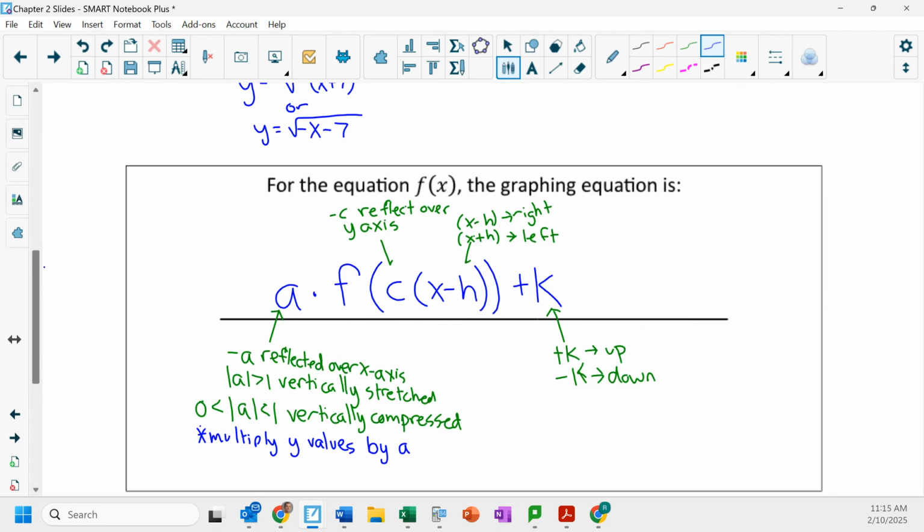For the c value, it can also do a horizontal stretch or a horizontal compression. So we're going to add that to the c part right here. So I'll just put it down here. If your absolute value of c is larger than 1, it's what we call a horizontal compression.